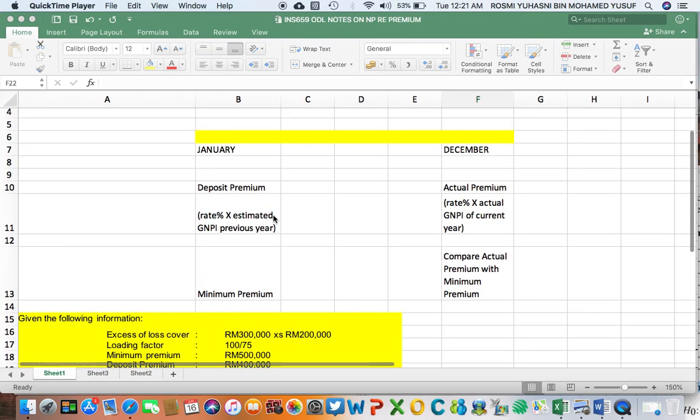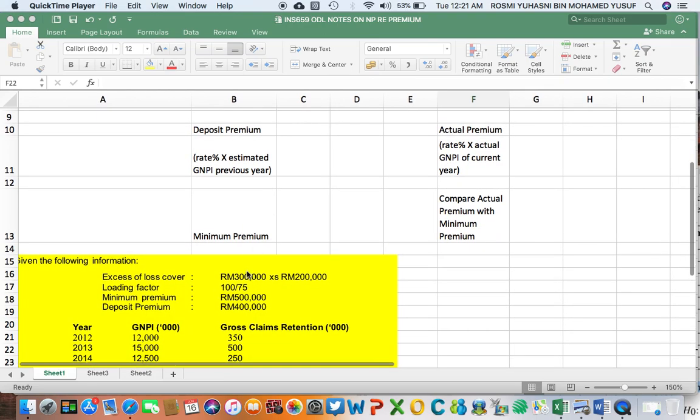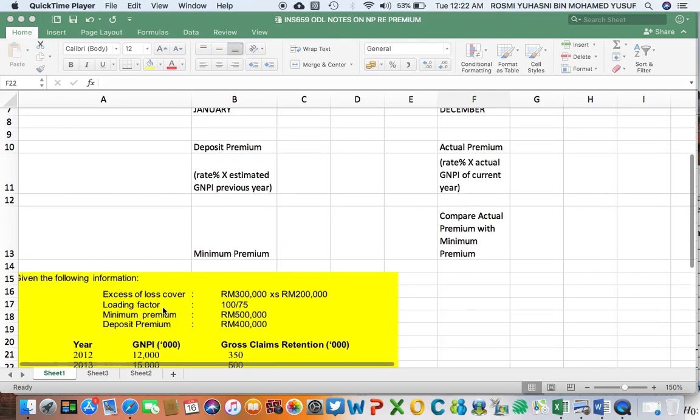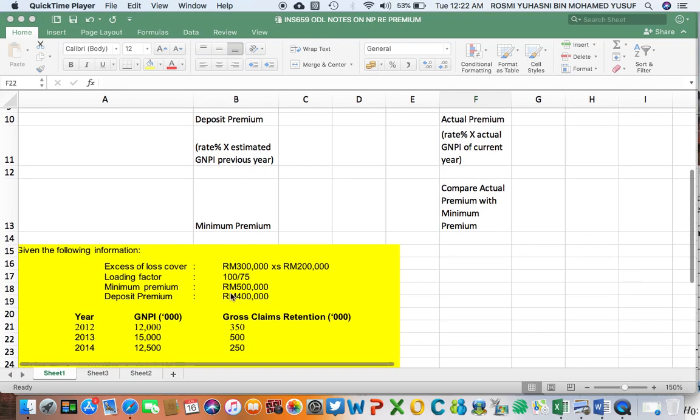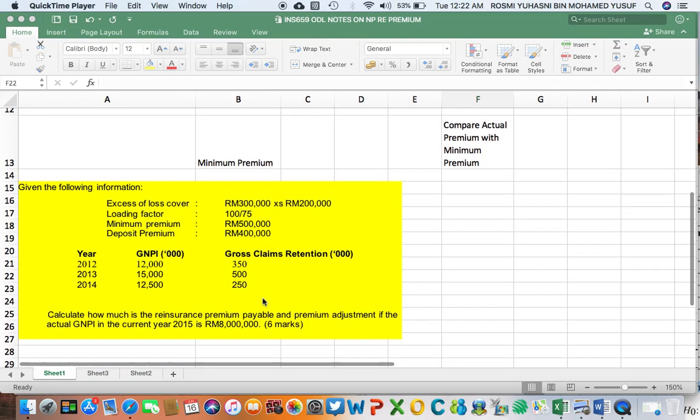And also, the reinsurer has said that the minimum deposit premium at the beginning of the year should be at least 400,000, meaning that the reinsurer requires the insurer to place a minimum of 400,000 on the 1st of January.